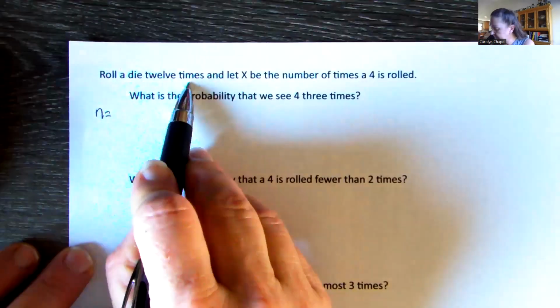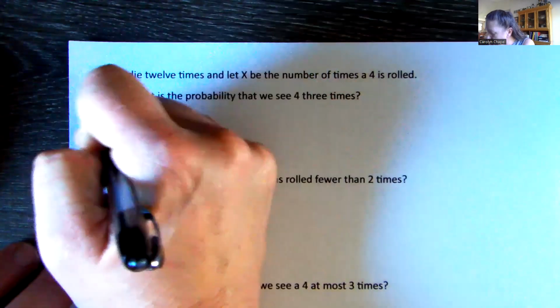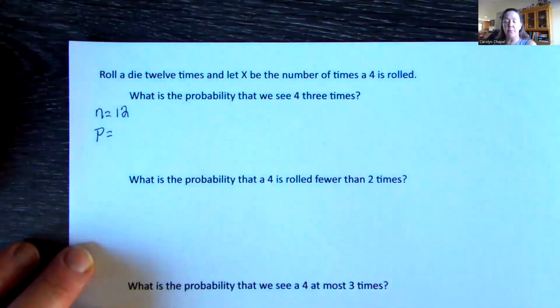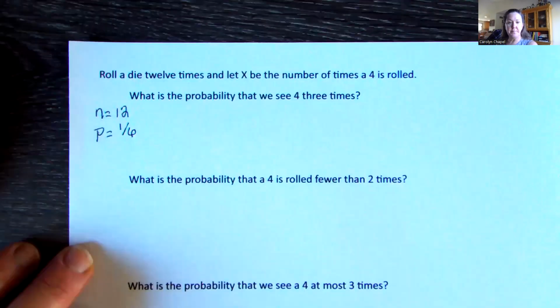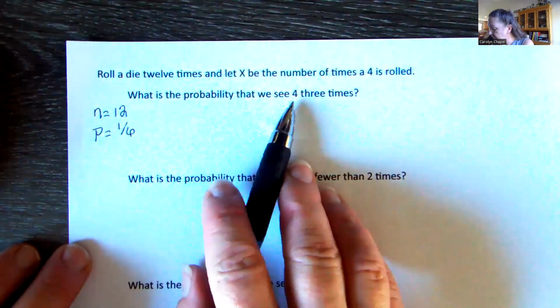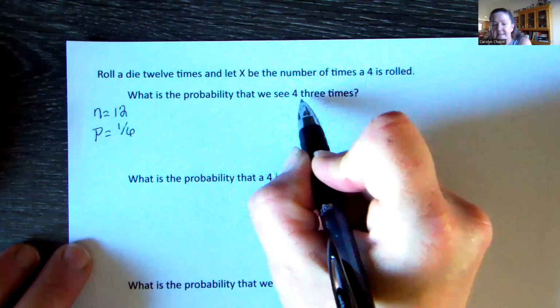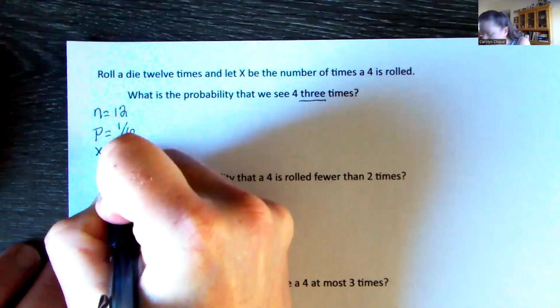It is 12. The probability of rolling a 4, the probability of a success, is 1 out of 6. And what is the probability that we see a 4 3 times? That's how many successes we have, so x is equal to 3.